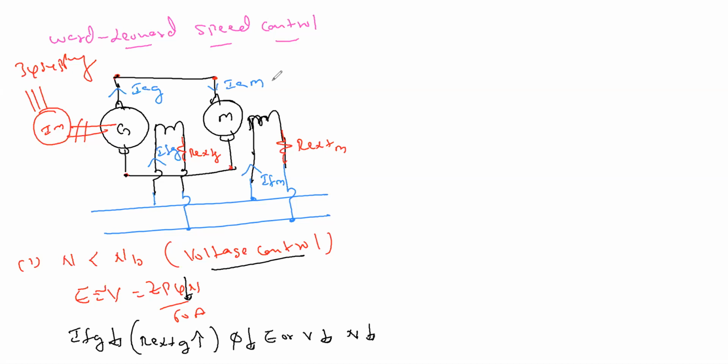Voltage can be decreased by decreasing the generator excitation.